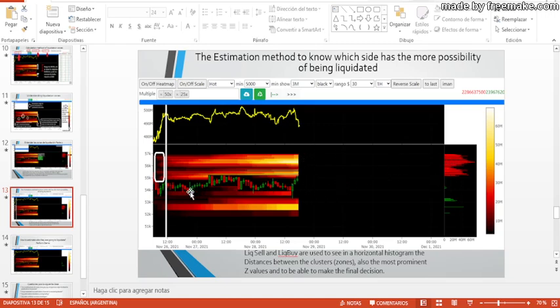So remember, when the price goes to liquidate a liquidation zone, many times this happens with liquidation traps before the price goes to the liquidation zone.